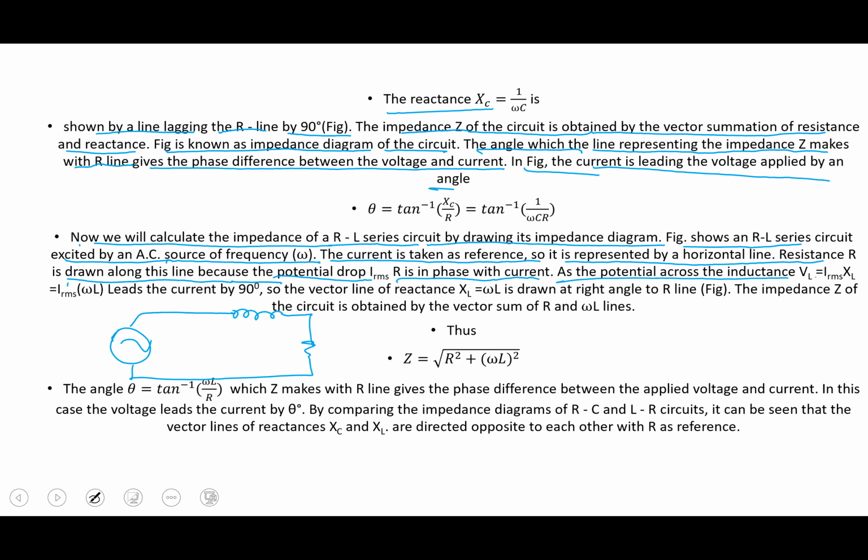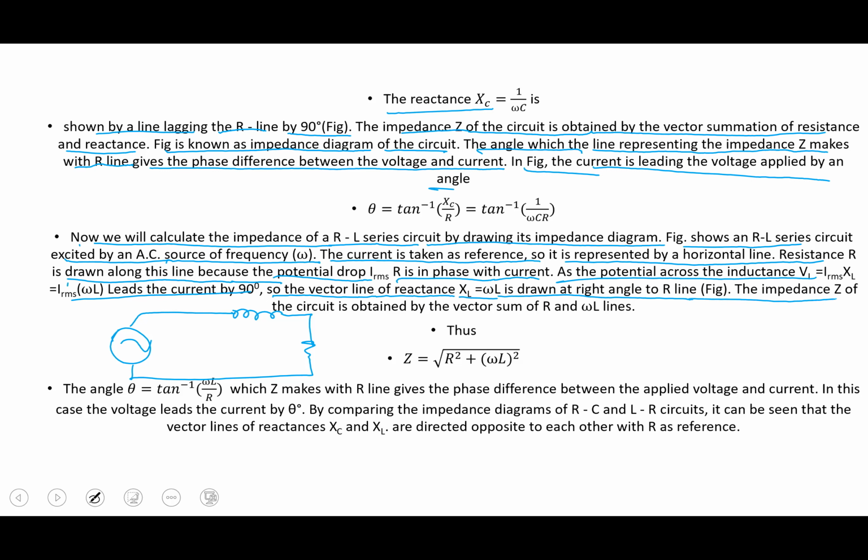The potential across the inductance is V equal to IRMS XL, which we can also represent as IRMS into omega L, and it leads the current by 90 degrees. So the vector line reactance XL, equal to omega L, is drawn at right angle to the R line.